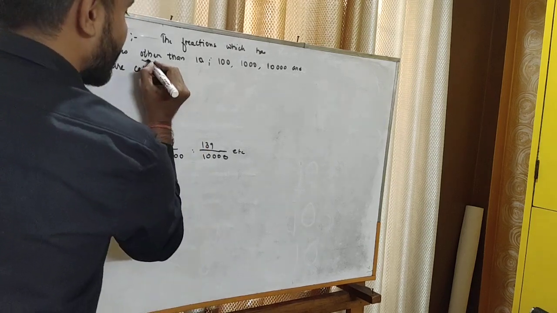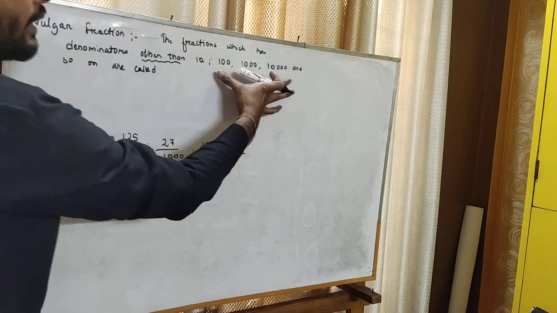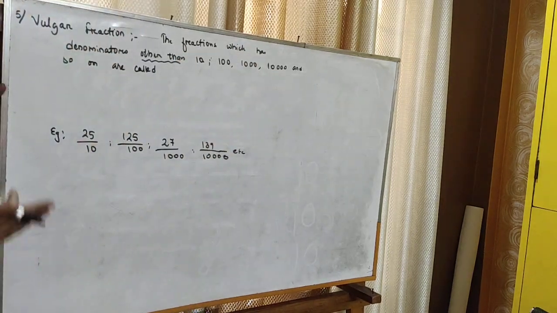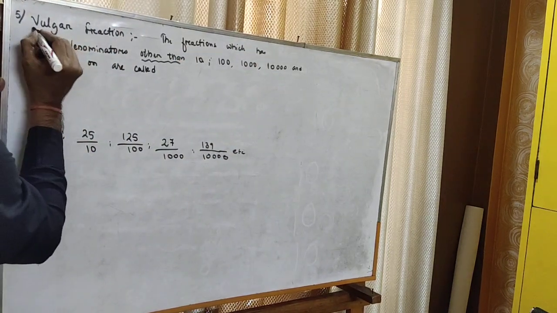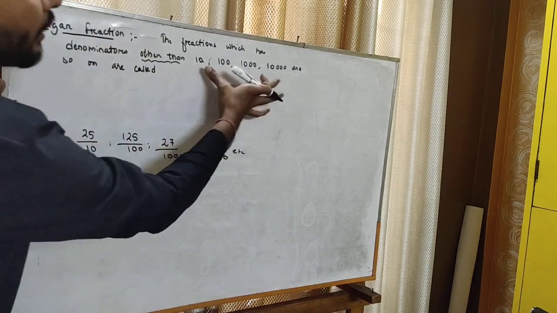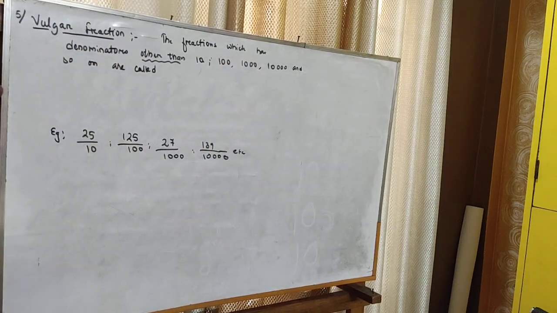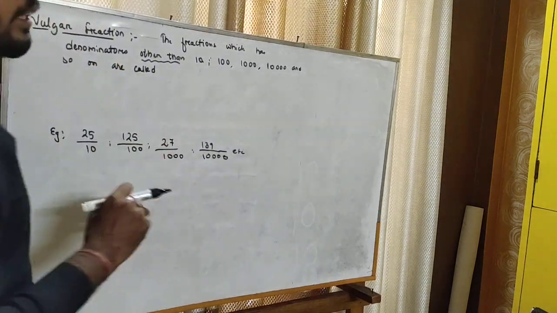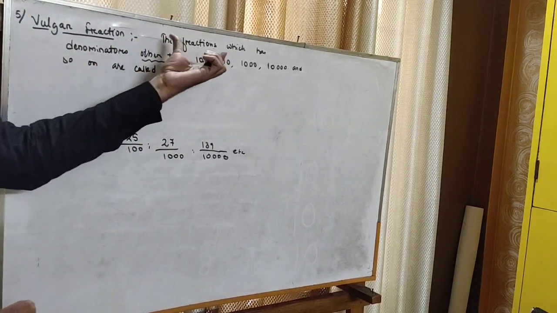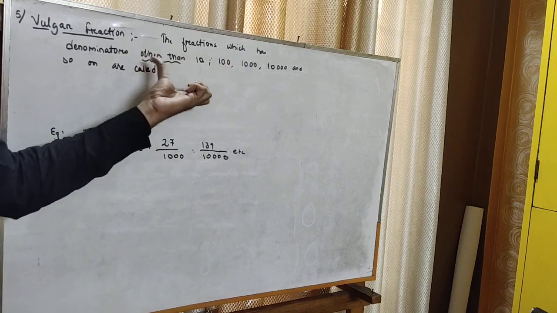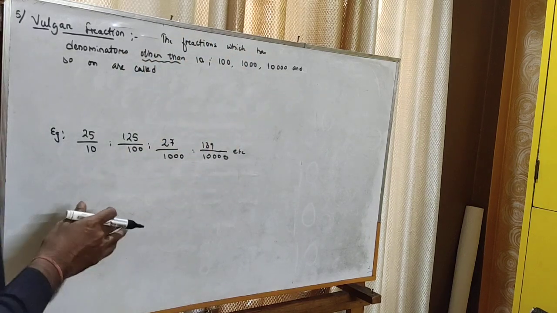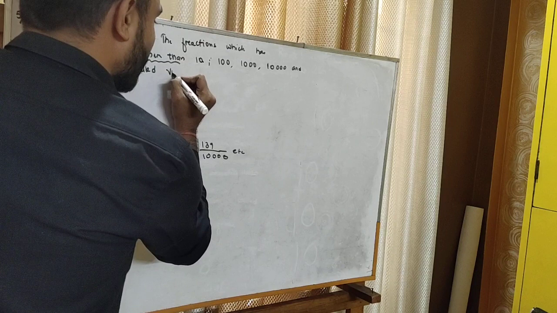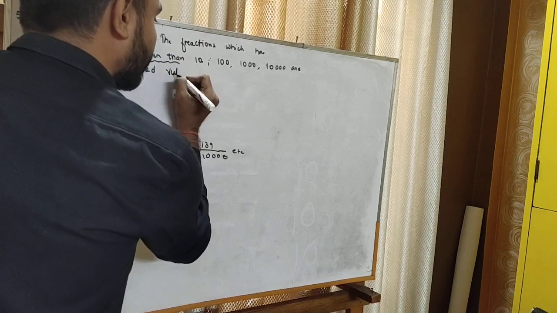Here it is written as "other than", that means the denominator will not be those. Remember, it is the very opposite of decimal fraction. Decimal fraction has such a denominator, vulgar fraction does not. Others than these are called vulgar fractions.